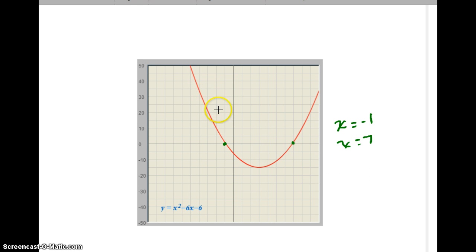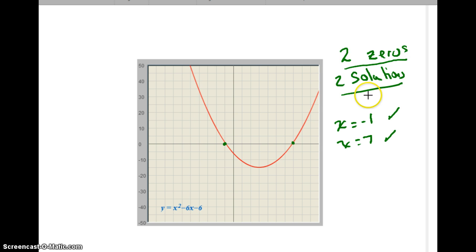So the zeros of this graph are x equals -1 and x equals 7. And we say that it has 2 zeros or 2 solutions. Sometimes you'll hear them ask for what are the solutions to the graph, and all they're asking you for is where does y equal 0.